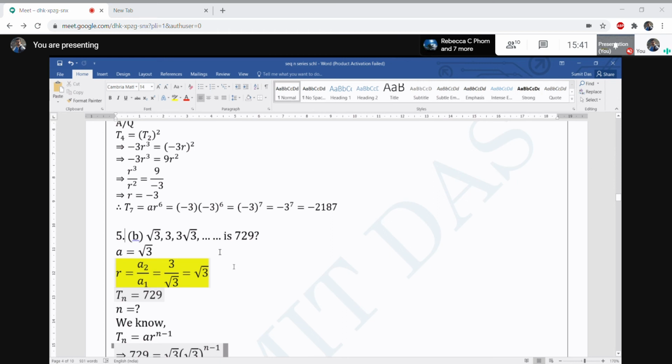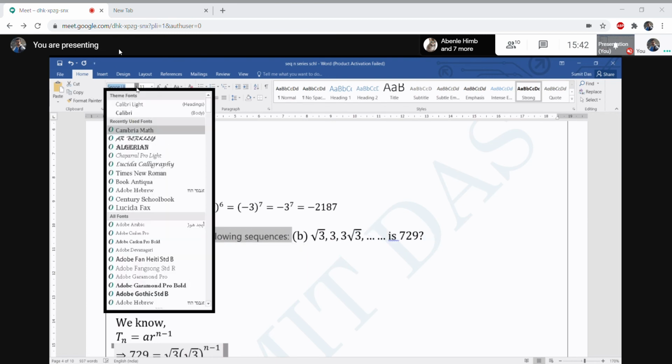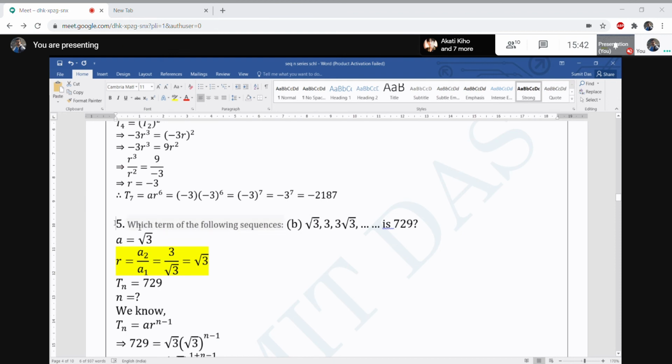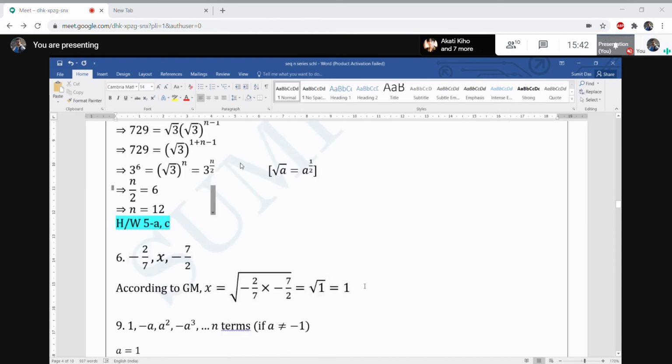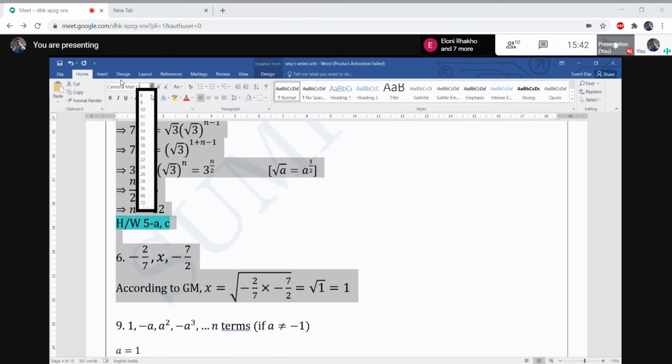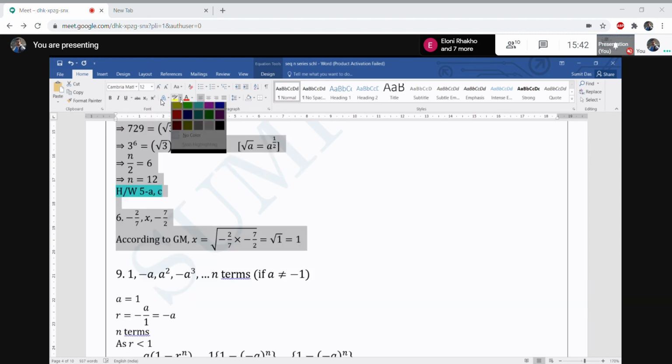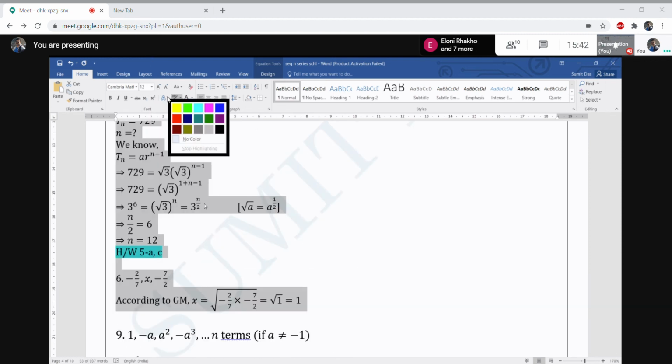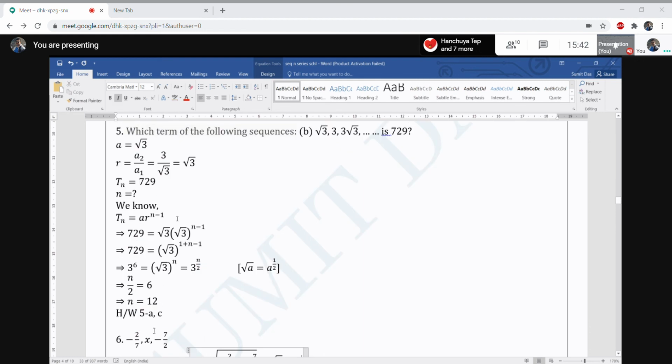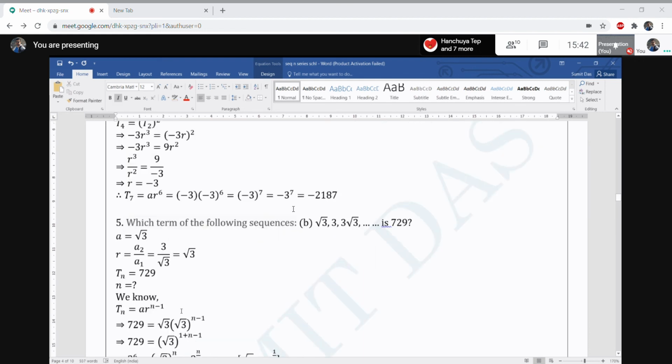Okay, I'm doing question number B. Fine. Question is which term of this sequence is this?